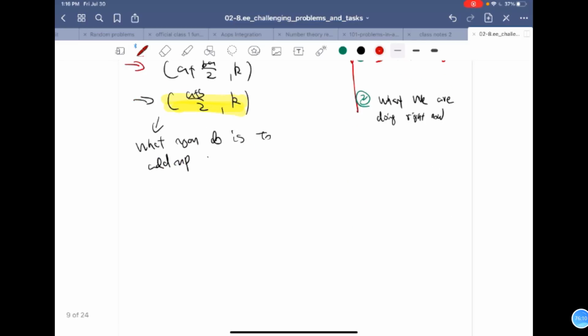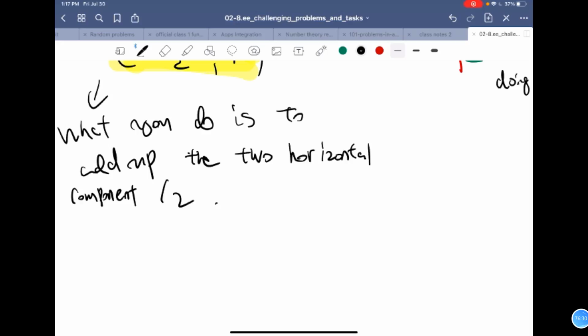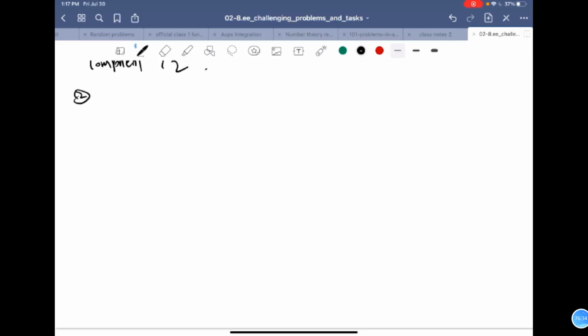All right. You just add up the two horizontal components divided by 2. Pretty much. Here it goes for the second, advanced midpoint.